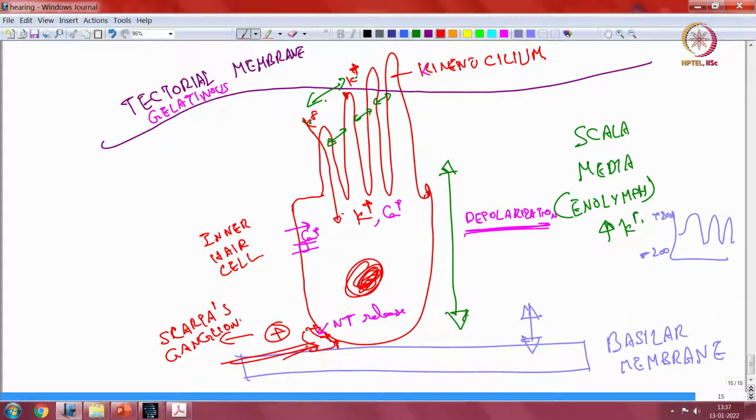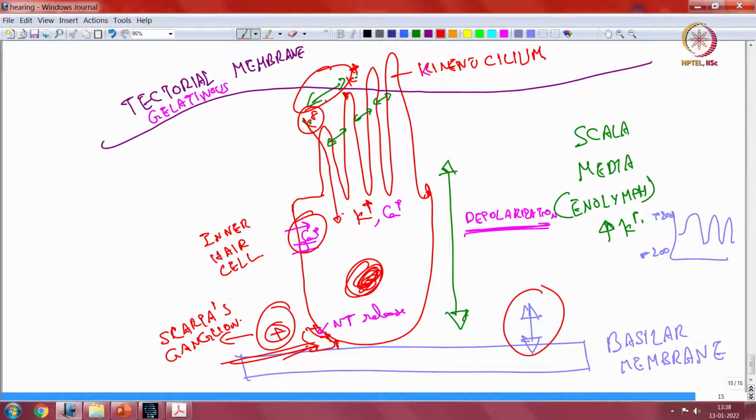So, that is what happens within the cell, how mechanical energy is transmitted to electric ionic charge, and that ionic charge is responsible for an action potential. So, that is what is happening.